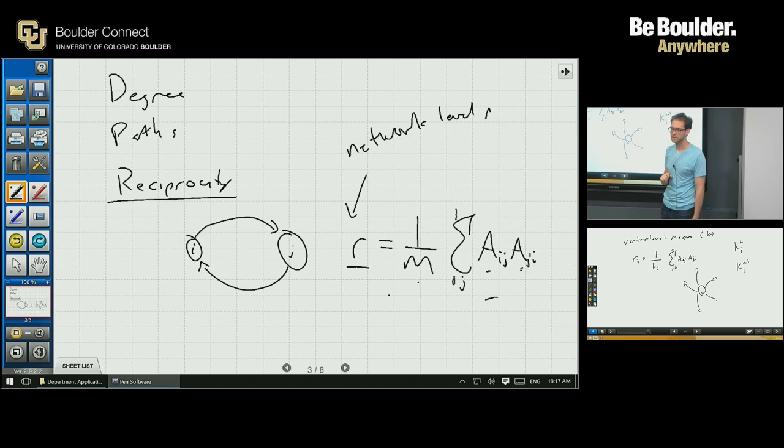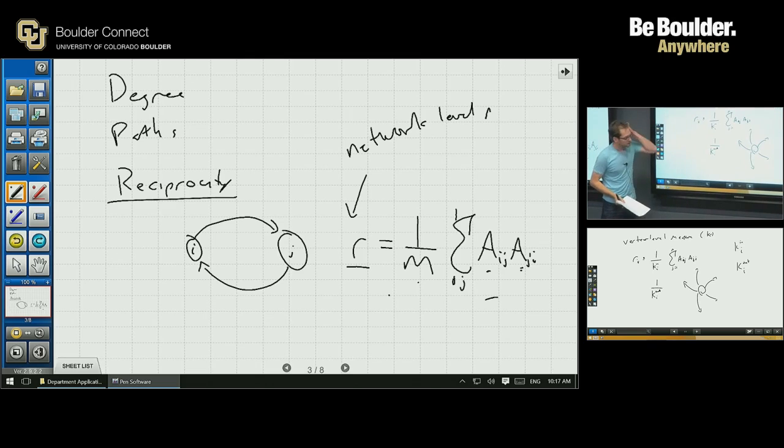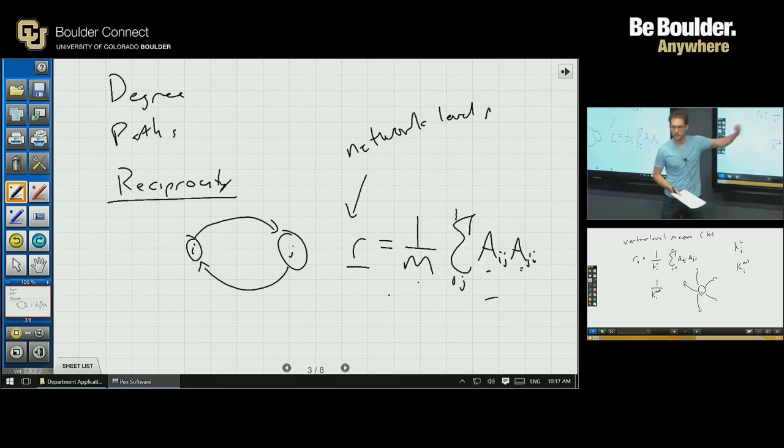Edges should be from both sides. So the claim is that it doesn't matter which one I put there. So if I put k in here, that should give me the same as if I put k out here. Only if it's undirected. Right. I think, so explain what you mean a little bit more. Why do you think it shouldn't matter? Because we are taking dot product of ij and ji. So if one of them is 0, then it is 0.